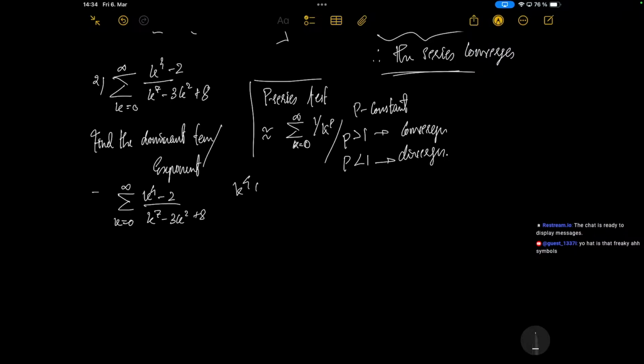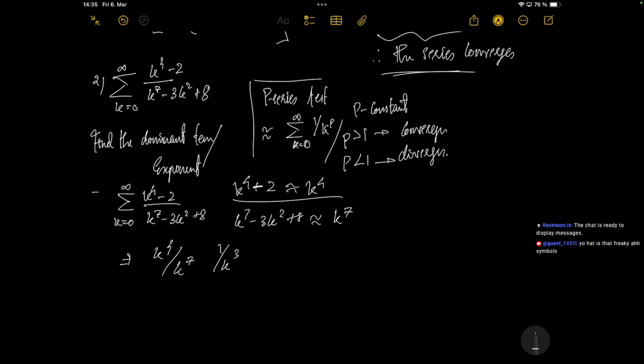The numerator is approximately k^4, and the denominator is approximately k^7, which implies k^4 by k^7, 1 by k^3. P series test, P equals 3, greater than 1, therefore converges.